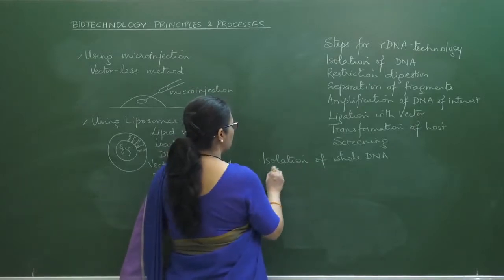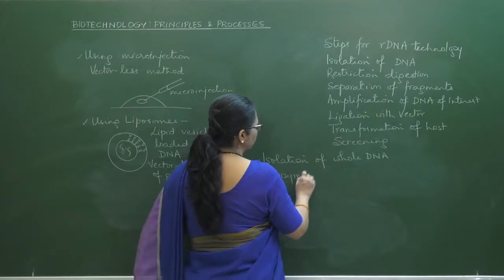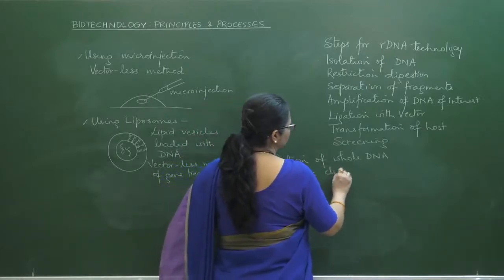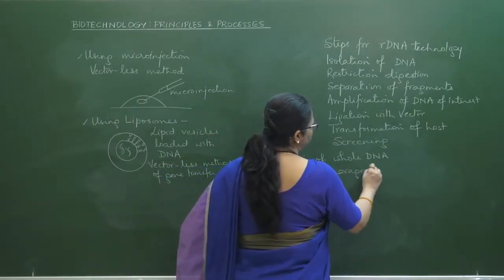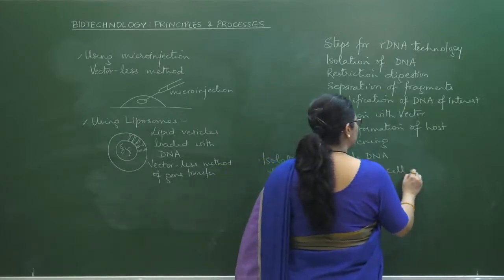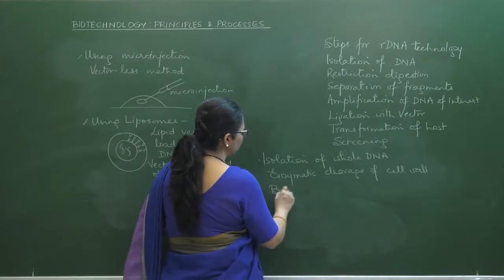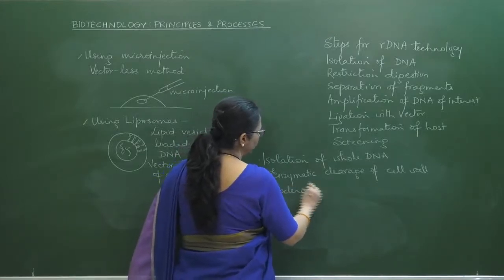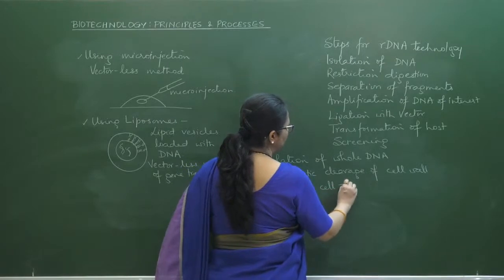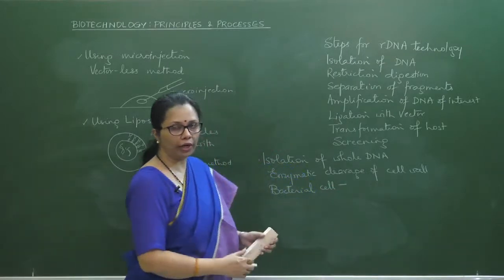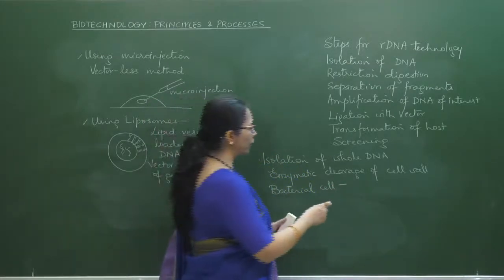So in this, enzymatic cleavage can be done. Enzymatic cleavage of cell wall. For this, if we have bacterial cells from which we want to take out the DNA, you know the cell wall is peptidoglycan, which is digested by lysozyme.